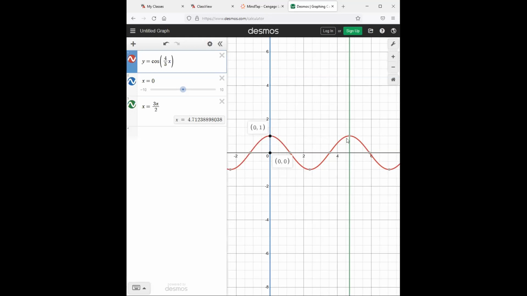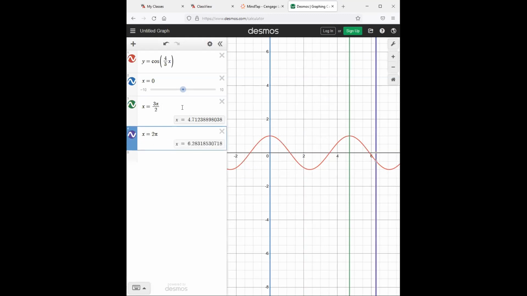Okay, so here's 0. Just to mark it for me here, 2 pi's right there. So ignore the purple line. The beginning is the blue one, all the way to here, the purple. You have a critical number at 0 and 3 pi over 2. But it looks like there's another one here.